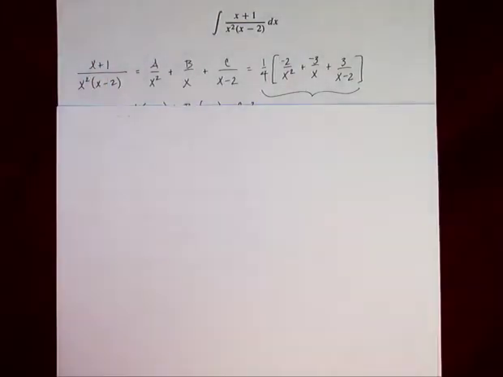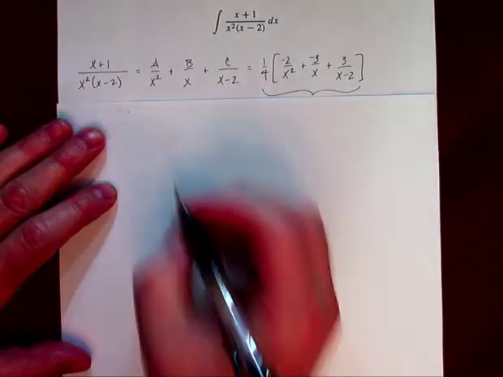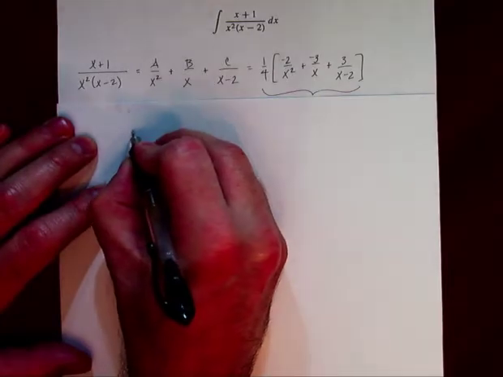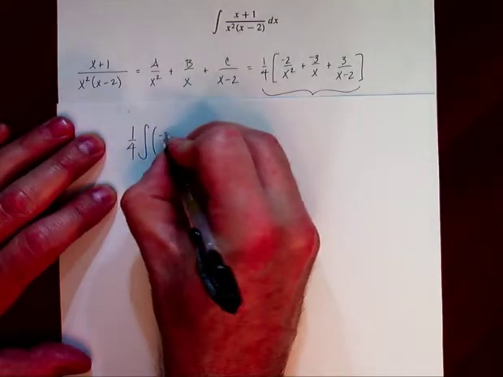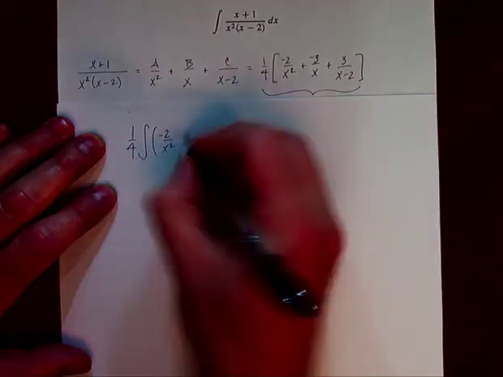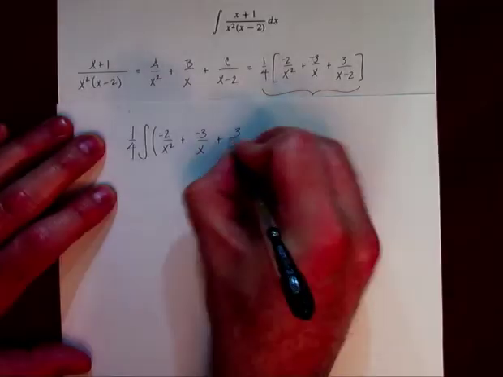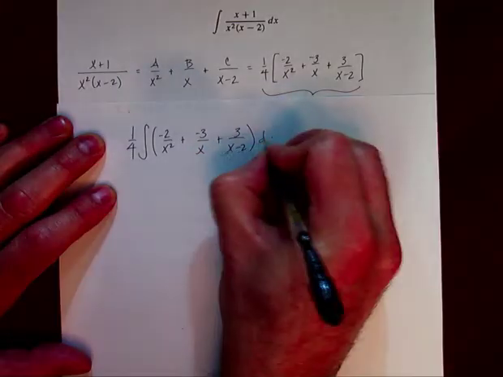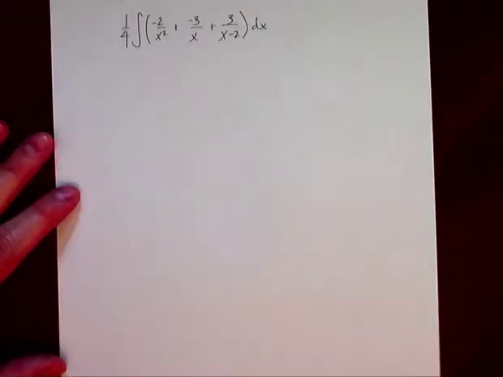We're going to need another sheet of paper because I'm writing kind of big. So what we have here is 1/4 integral of negative 2 over x squared plus negative 3 over x plus 3 over x minus 2 dx. Okay, well let's continue working with it on this sheet.